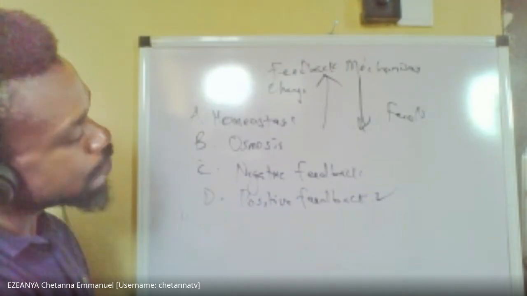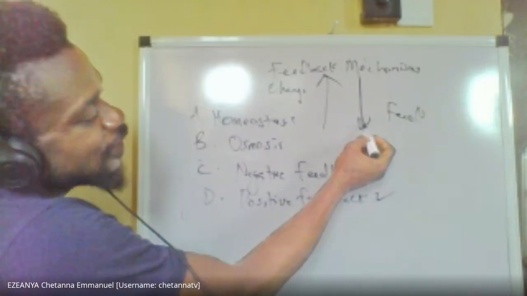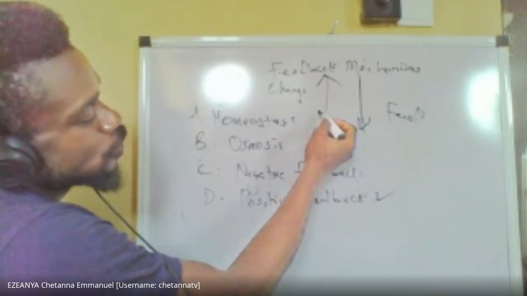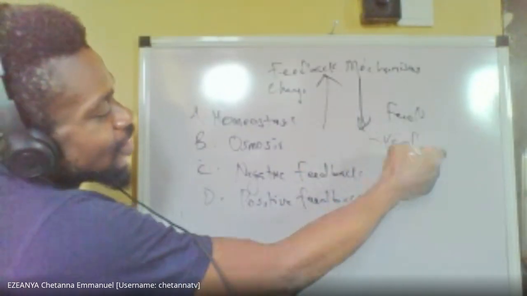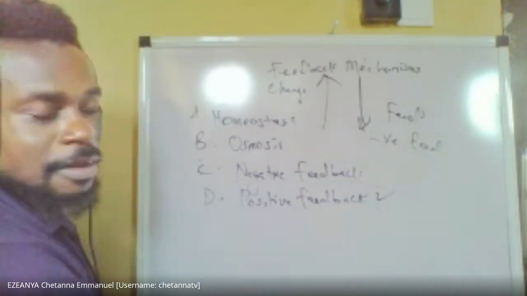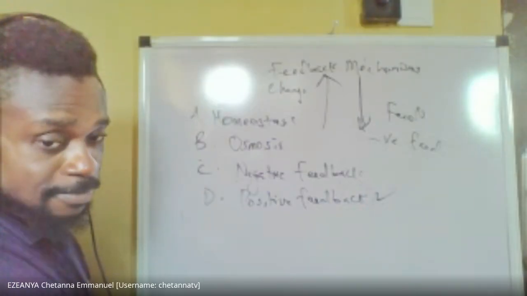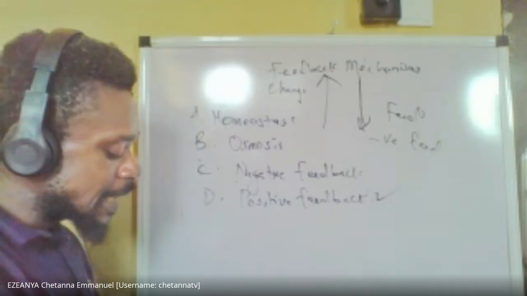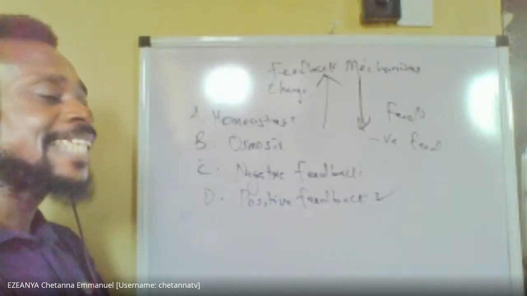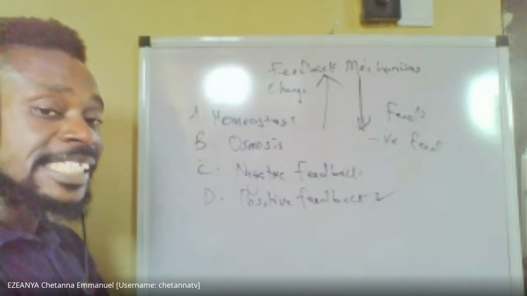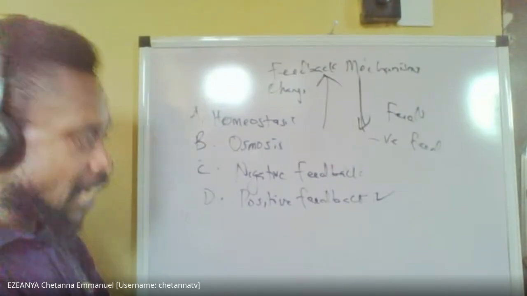They are opposites. So this feedback is opposite to the change. So this feedback is a negative feedback mechanism. Is that clear? Yes, sir. So in an attempt for the body to bring down an increase of whatever happens in the body, it works through negative feedback mechanism.